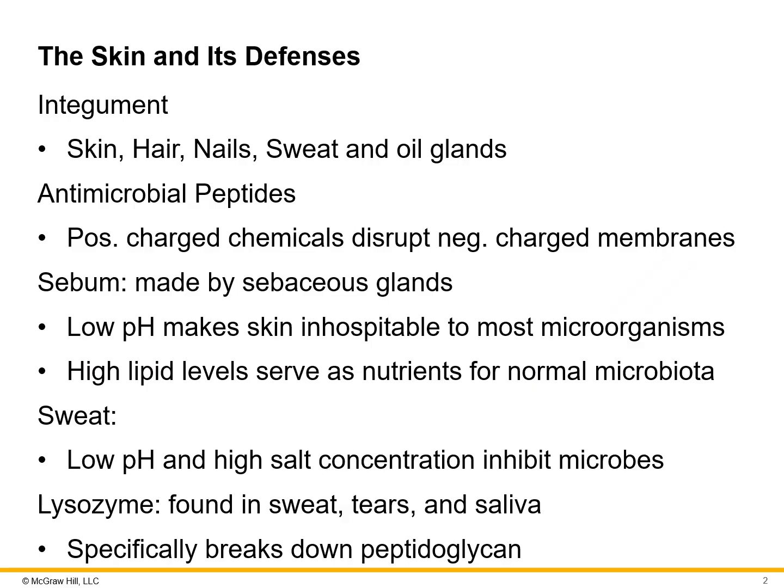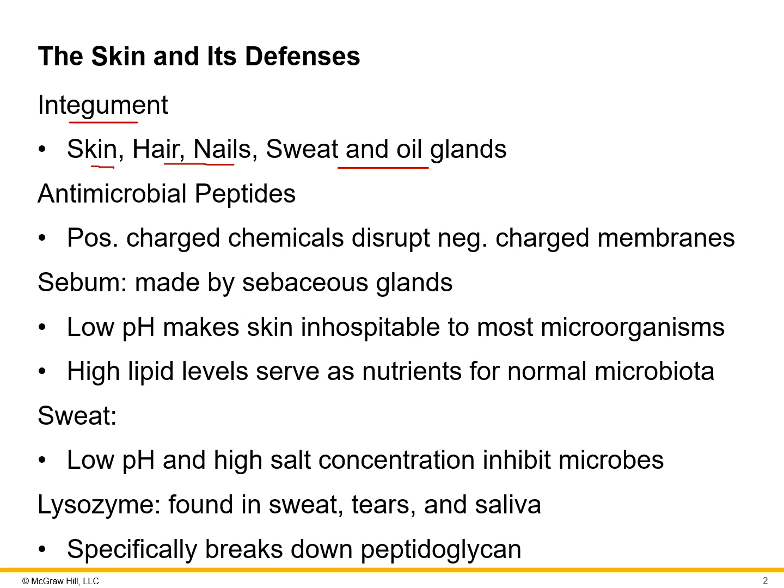So first of all, starting with our natural defenses. This chapter covers skin and eye. Starting with the skin first, we have what's called the integument, and that includes the skin, our hair and nails, as well as sweat and oil glands that are able to produce things that naturally prevent an infection.